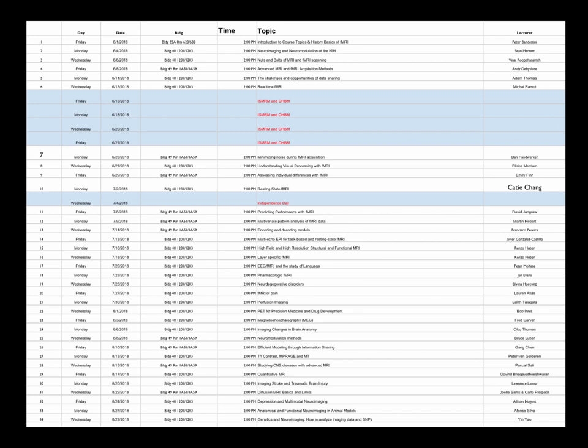Roughly at the beginning, the first several lectures will be the basics of MRI and fMRI, the nuts and bolts of imaging, and then it will go into some of the more advanced processing methods of fMRI, and some interesting applications like real time. Then it'll go into more of the cutting edge.